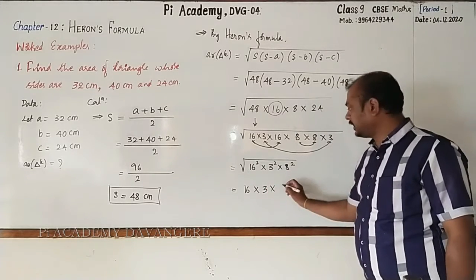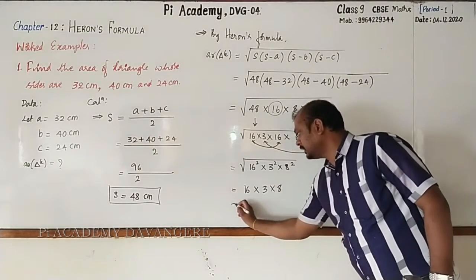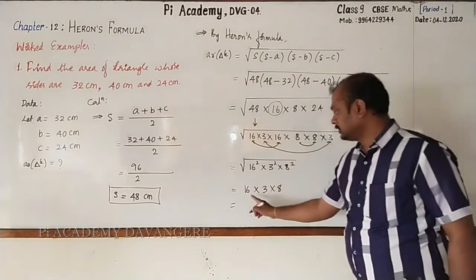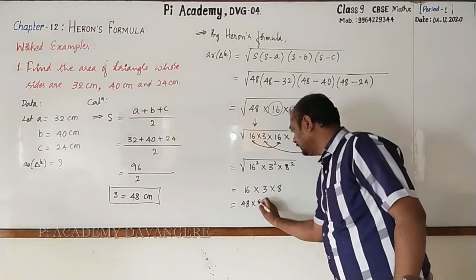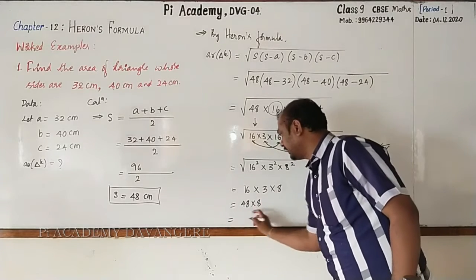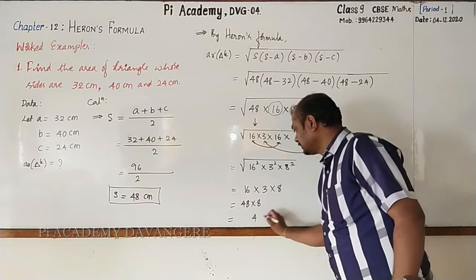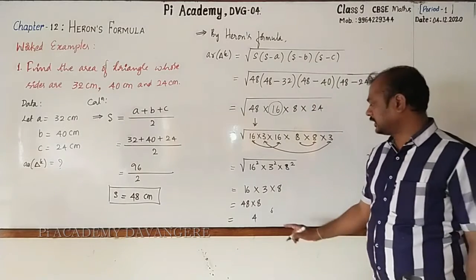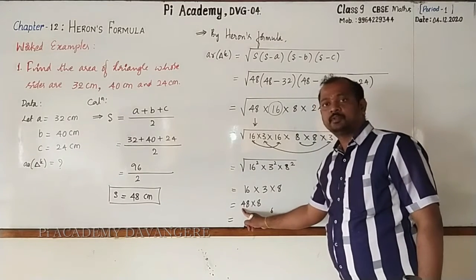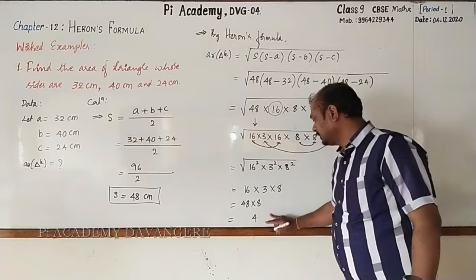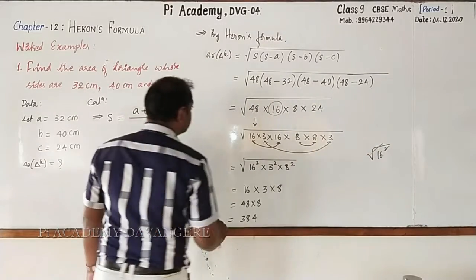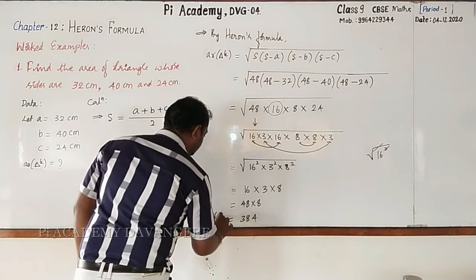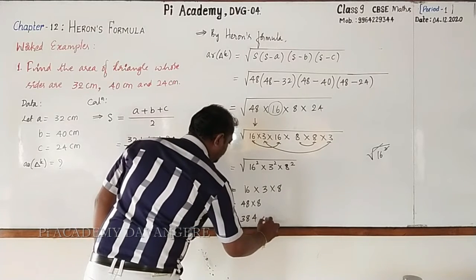Square root of 8 square, 8. It is equal to 16 into 3 into 8, it is 48 into 8. Go for multiply. 8 8s are 64. 6 is the carry. 8 4s are 32. 32 plus 6, 38. 384 centimeter square. This is area of triangle.